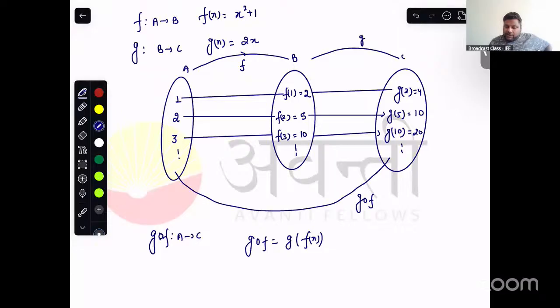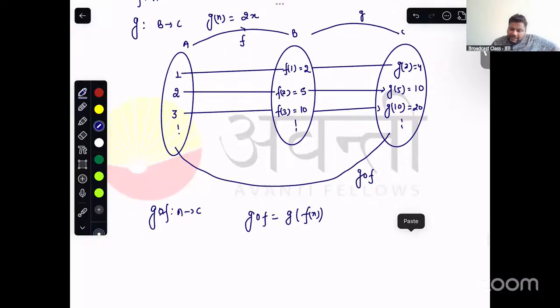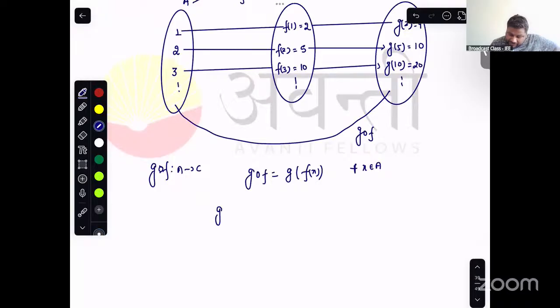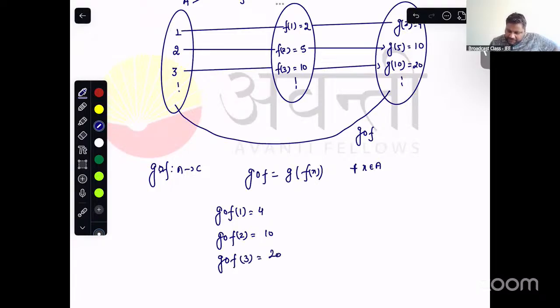Got it? gof is g of f(x) for every x which belongs to A. So that is what is happening. If I ask you for gof(1), what it will be? Finally 4. If I ask you gof(2), finally 10. gof(3), 20, and so on and so forth, there will be more elements.